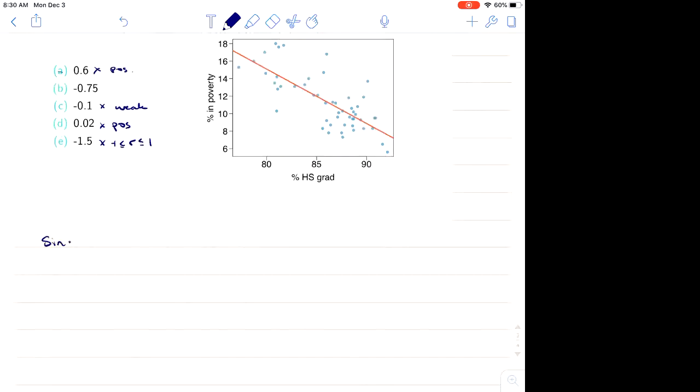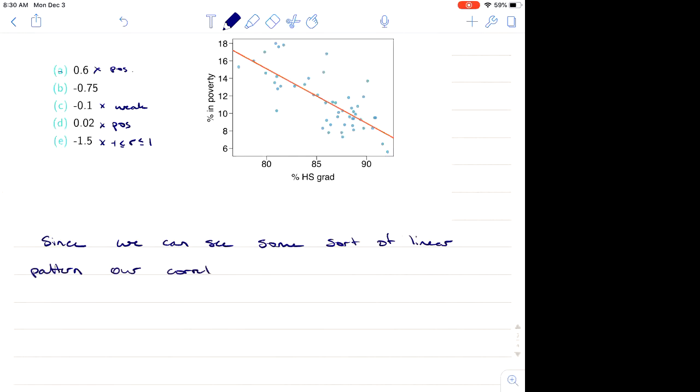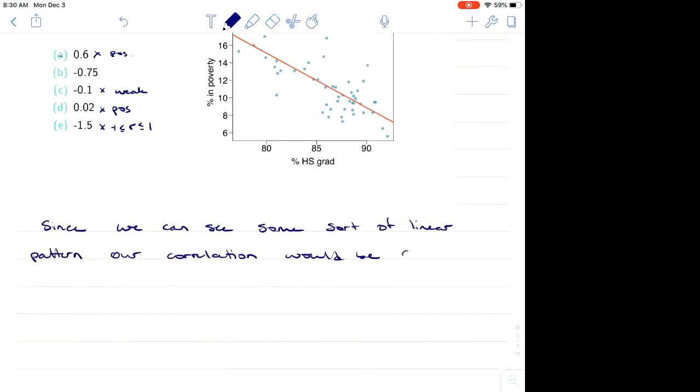Okay, so I'll just make a note of that. Since we can see some sort of linear pattern, our correlation would be considered strong.